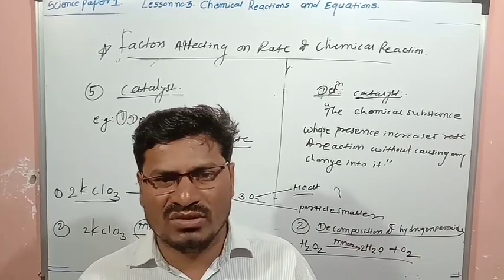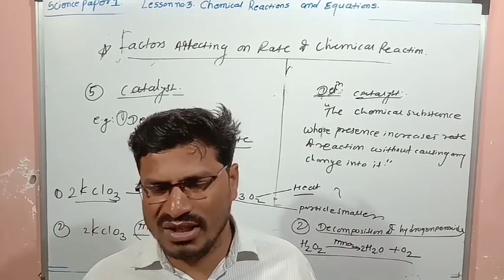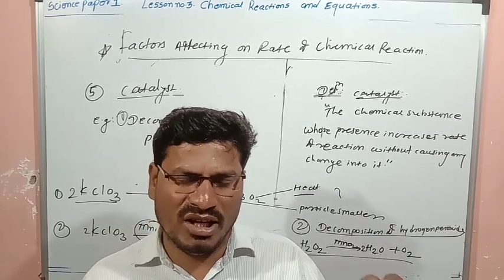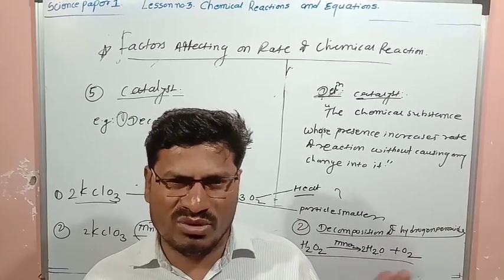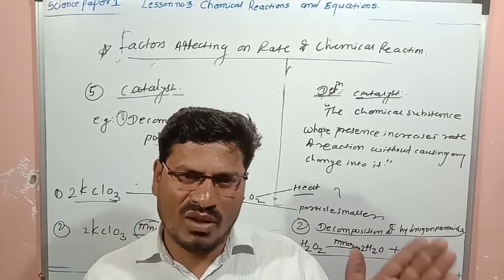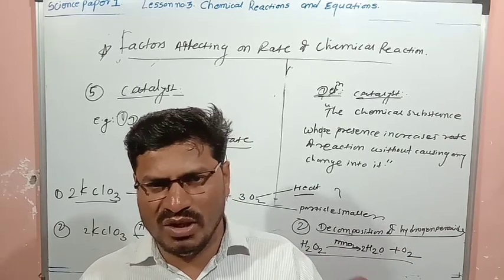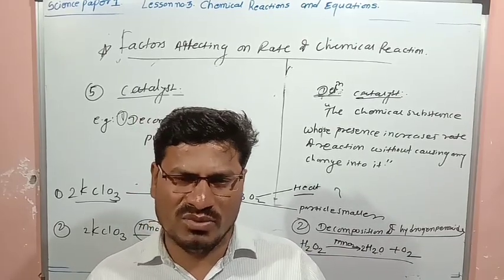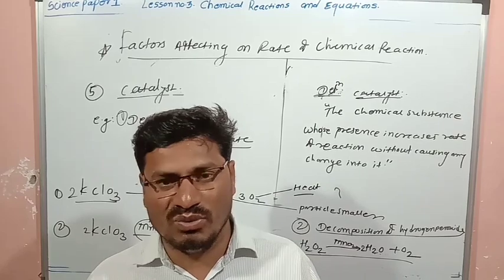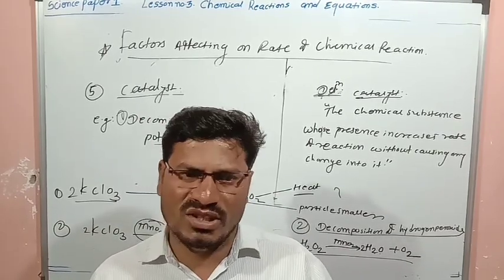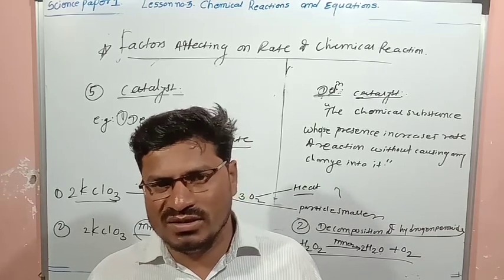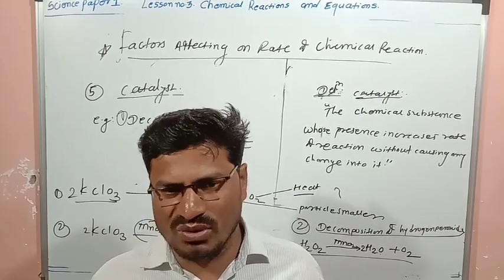The third thing we have studied is the concentration of the reactant. If you take dilute hydrochloric acid and concentrated hydrochloric acid and carry out the reaction with calcium carbonate, when you take concentrated hydrochloric acid or sulfuric acid, the reaction will take place fast, and if you take dilute, the reaction will be slow.